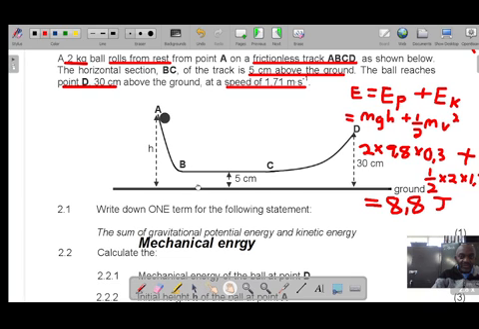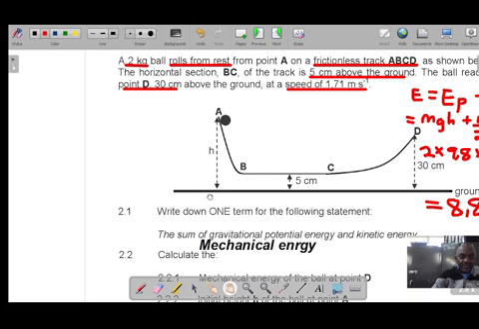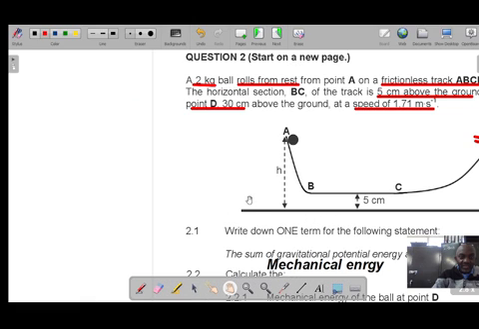So don't forget what we are using here. E mechanical at A equals E mechanical at D. Okay, so let's say that E mechanical at point A is the same as E mechanical at point D. So let's now substitute.